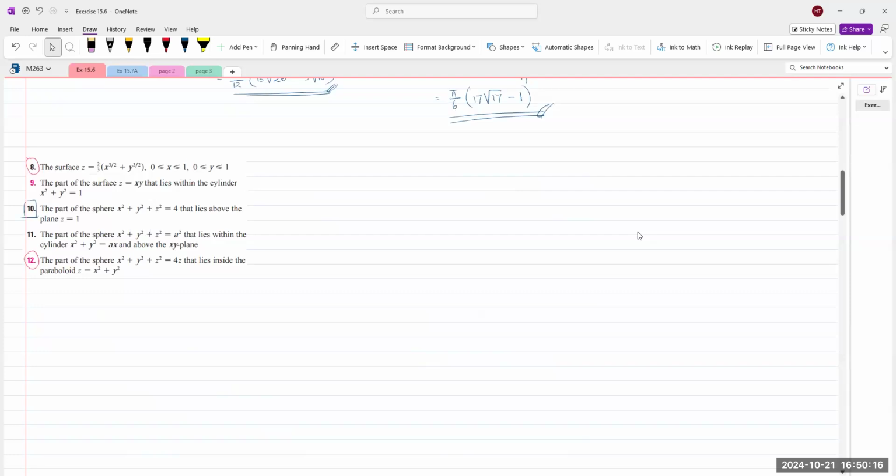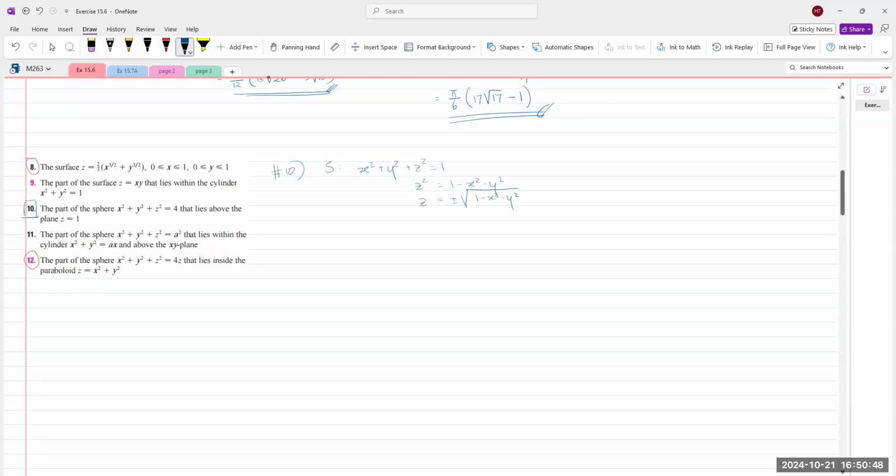Number 10. Part of the sphere that is above the plane z equals 1. So we have the surface x squared plus y squared plus z squared equals 4. So I can write that z squared equals 4 minus x squared minus y squared. z equals plus or minus square root of 4 minus x squared minus y squared.